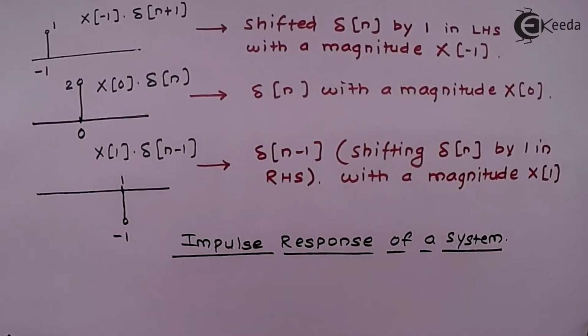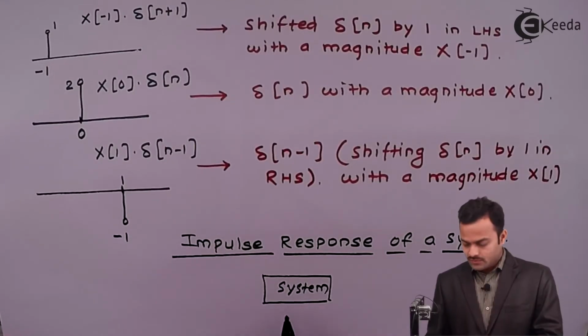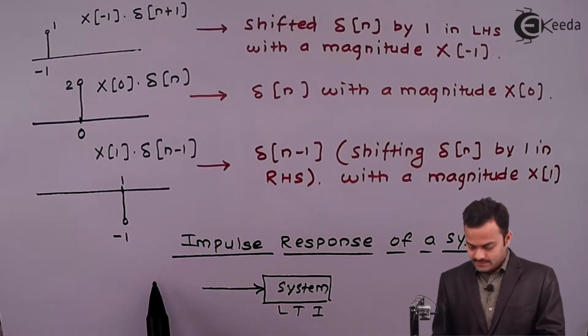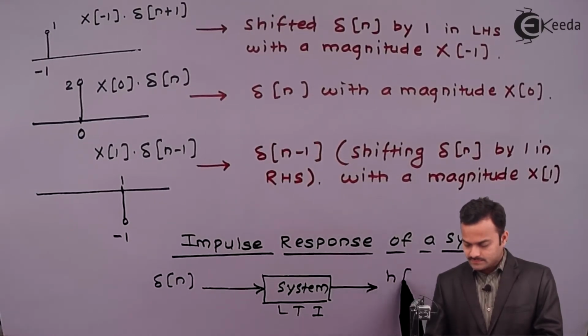Impulse response of a system means, to a system, obviously we need to consider it as a linear time invariant system only, if I give the input signal as an impulse, the response I'm getting is represented by this.